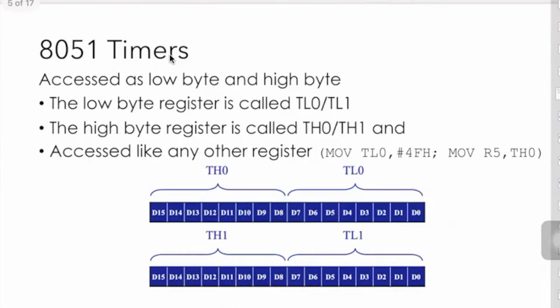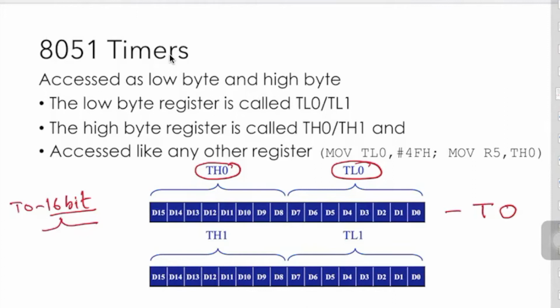When you say there are 16-bit timers, if you look at this entire blue thing, you can see TH0 is there and TL0 is there. So this corresponds to timer 0 or T0. T0 is a 16-bit timer, but since 16-bit cannot be realized directly, we divide it into the higher byte of T0, that is TH0, which is 8-bit, and the lower byte of T0, TL0, that's also 8-bit.